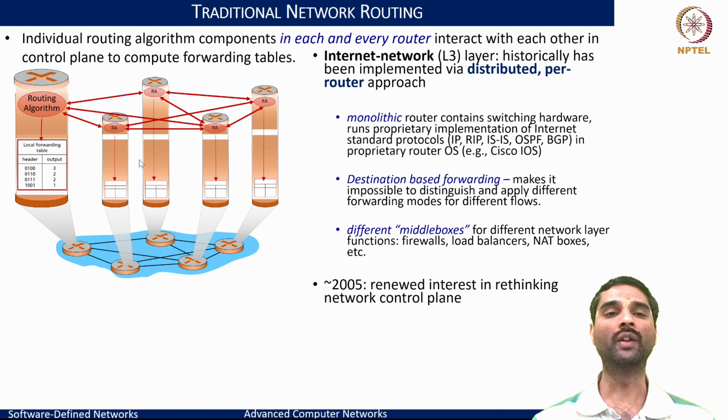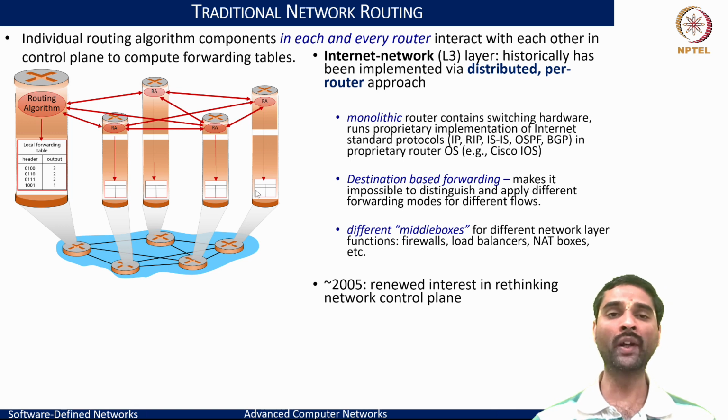This way, the routing algorithms in each of the routers would set up their own local forwarding tables. So note, the interaction happens at the control plane for deducing the network topology information, and the routing algorithm would be run on each of the routers to provide the local forwarding table.